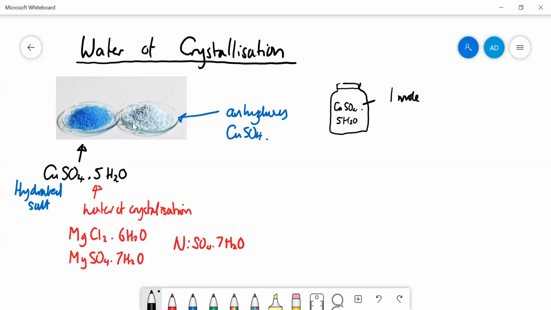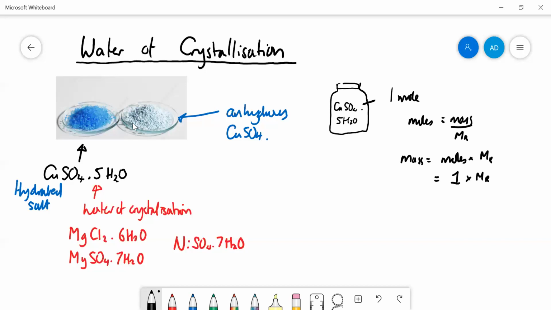Now, you may think, okay, moles is equal to mass over Mr, isn't it? We want 1 mole, so mass equals moles times Mr. We've got 1 mole, so it's 1 times the Mr. In other words, if we weigh out the Mr of that, then we'll have 1 mole of copper sulfate.